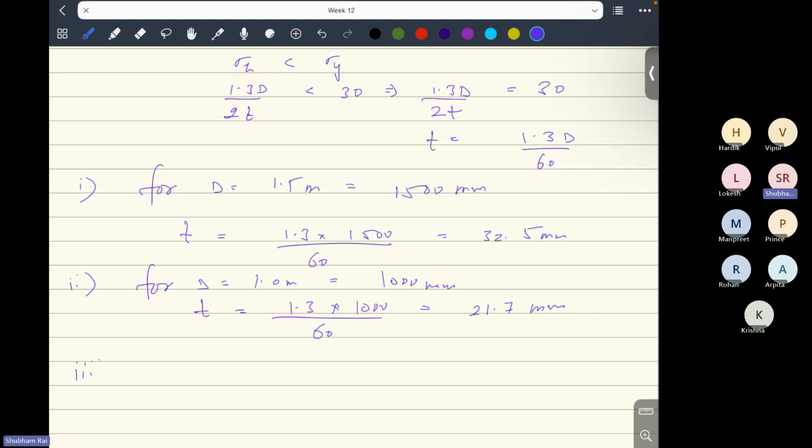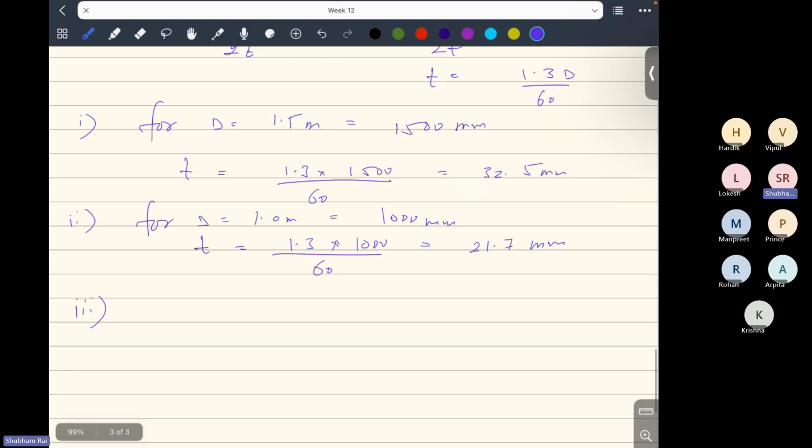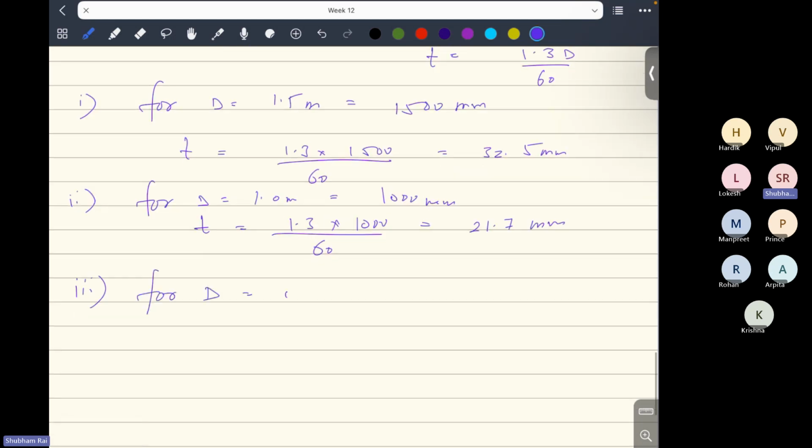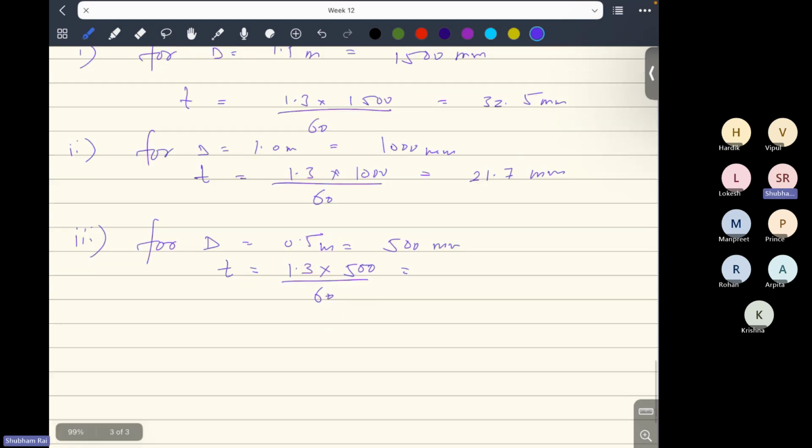For the third case, d was 0.5 meter, which is 500 mm, and t is 1.3 multiplied by 500 divided by 60, which finally gives 10.8 mm. So this is as per maximum principal stress and maximum shear stress theory, and both give the same result because hoop stress and longitudinal stress have the same sign.